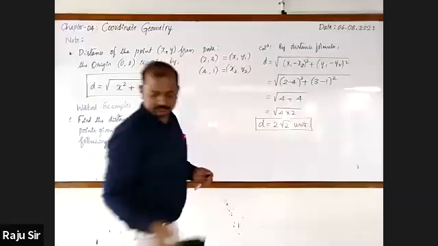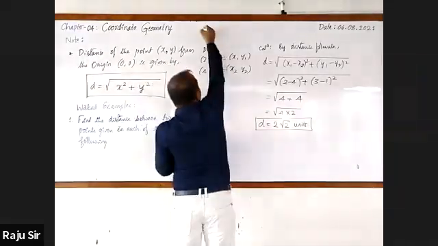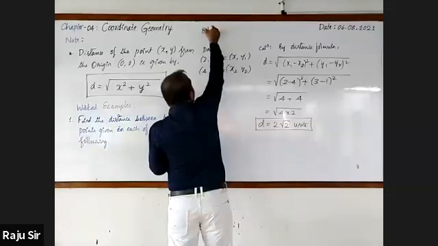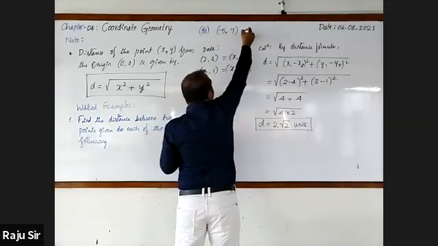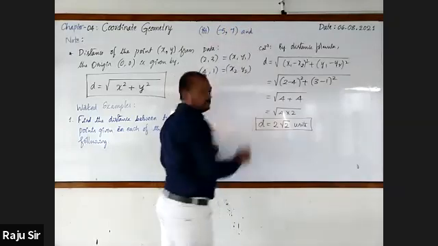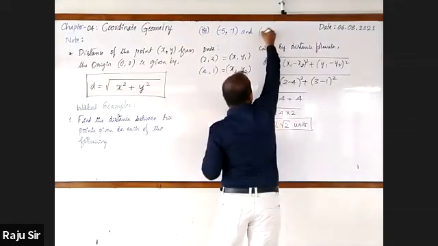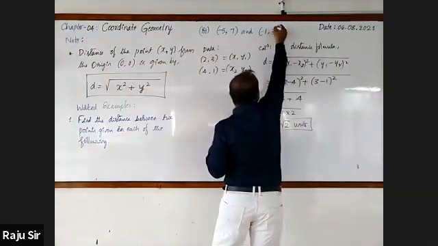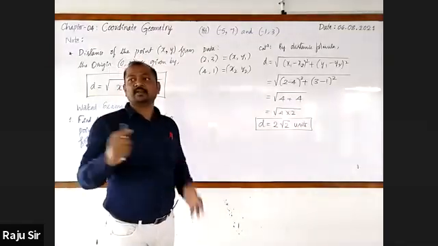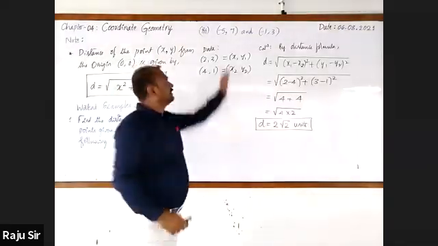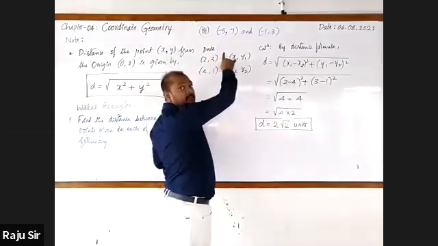Third one: minus 5 comma 7 and minus 1 comma 3. Just mind calculation is enough. Just observe.